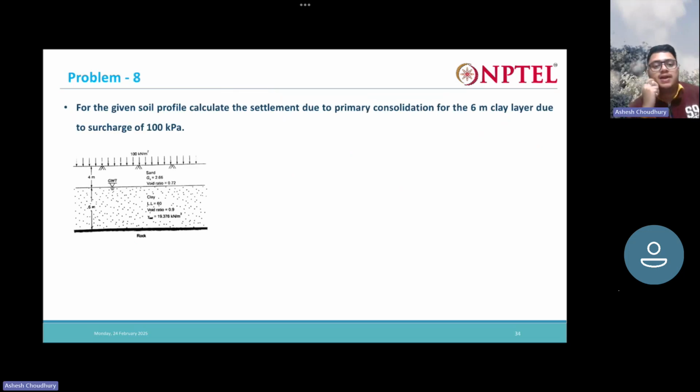For the given soil profile, calculate the settlement due to primary consolidation for the 6-meter clay layer due to a surcharge of 100 kPa. So try to calculate this similar to the previous problem. It's the same. Okay, just try, then I will do it.